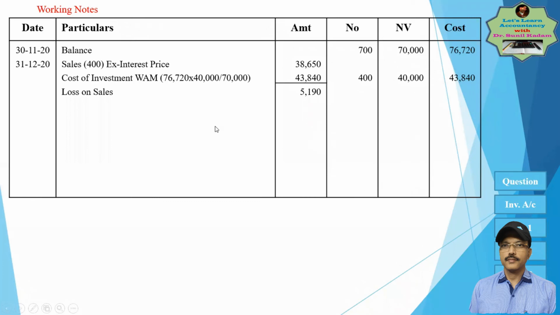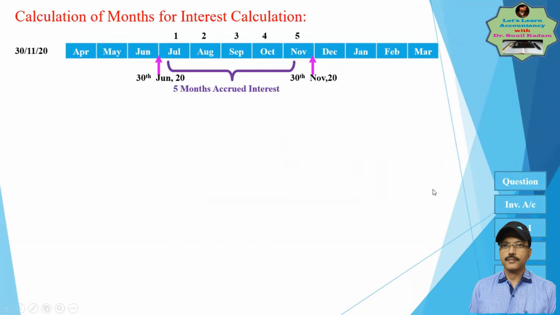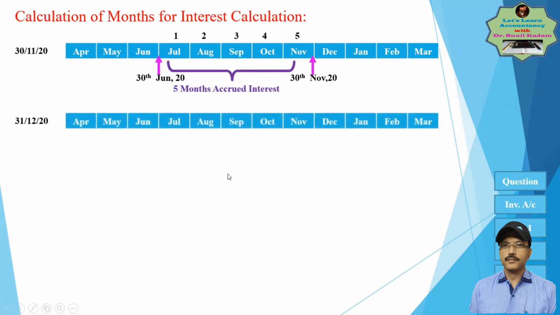Now we need to find out the interest also. So let's find the interest: 40,000, 12%, 6 months. Why 6 months? Let's check. Interest is already calculated on this slide. This slide is full, so let's go to the next slide. Here, 31st December. The last interest date was 30th June.